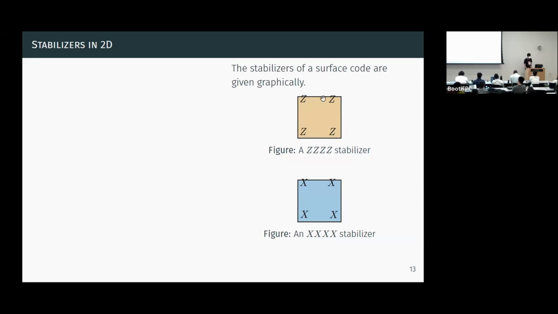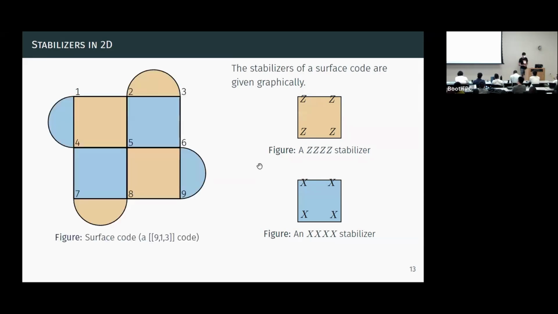I'm going to say that if I draw a yellow square, then I have a Z-type stabilizer, and if I draw a blue square, then I have an X-type stabilizer. Then a surface code, in this case the 9-1-3 code, can be drawn as follows.